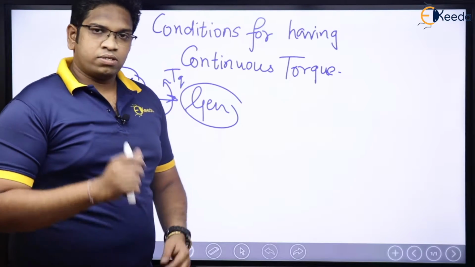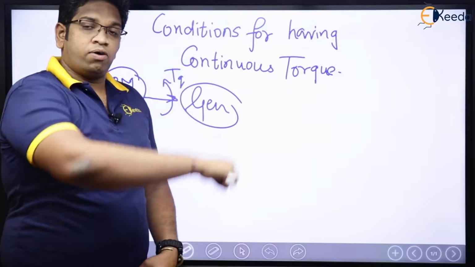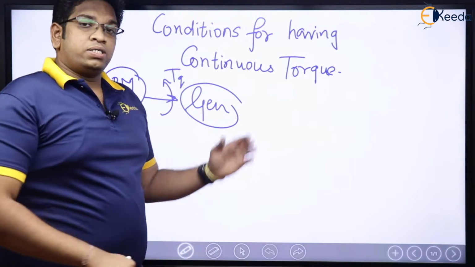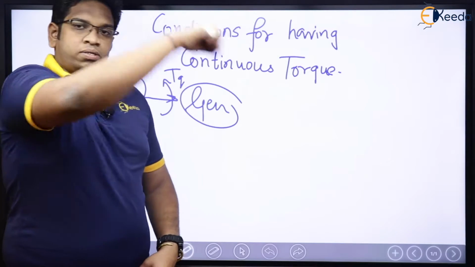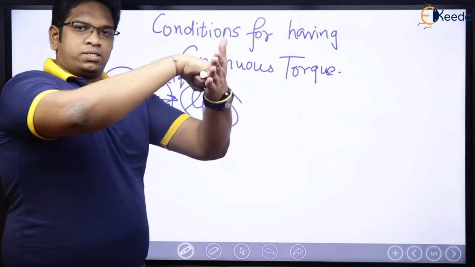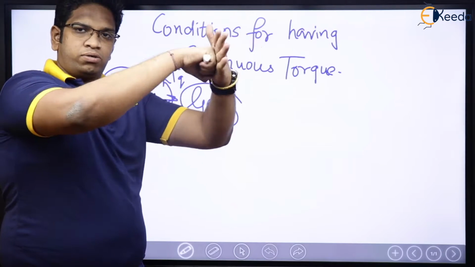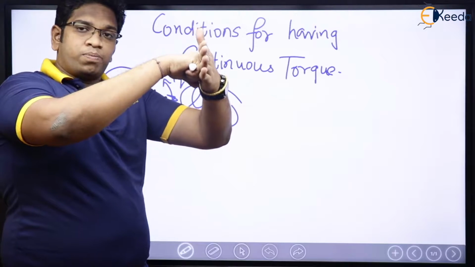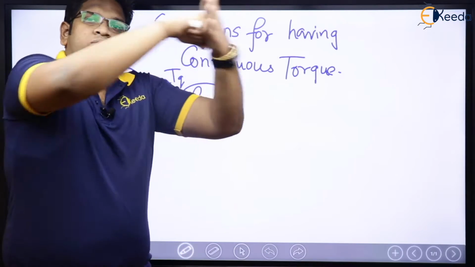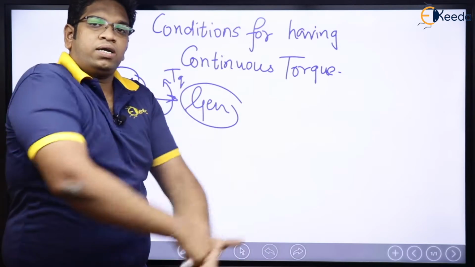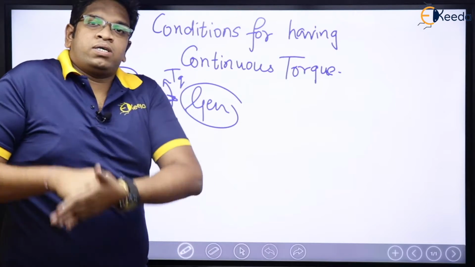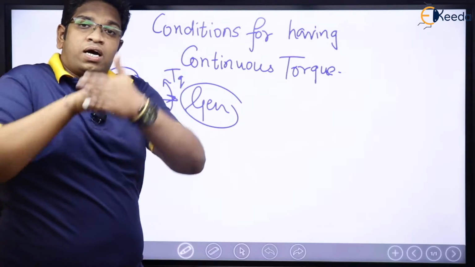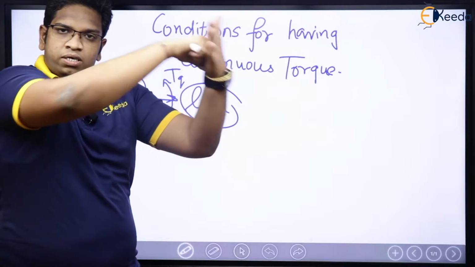The prime mover is rotating in this direction, and my generator is trying to stop it like this. Beyond this opposition, I will have to rotate my prime mover, so that mechanical power will be delivered, which will be absorbed by the generator. In turn, I will get electrical power at the output.